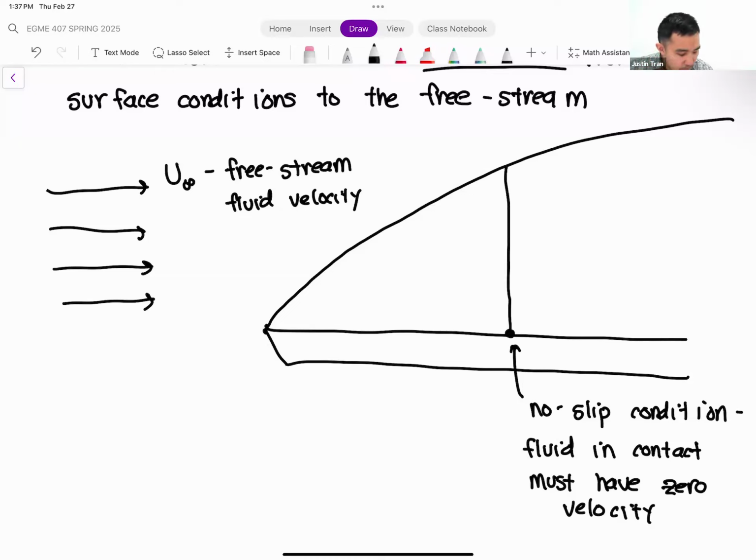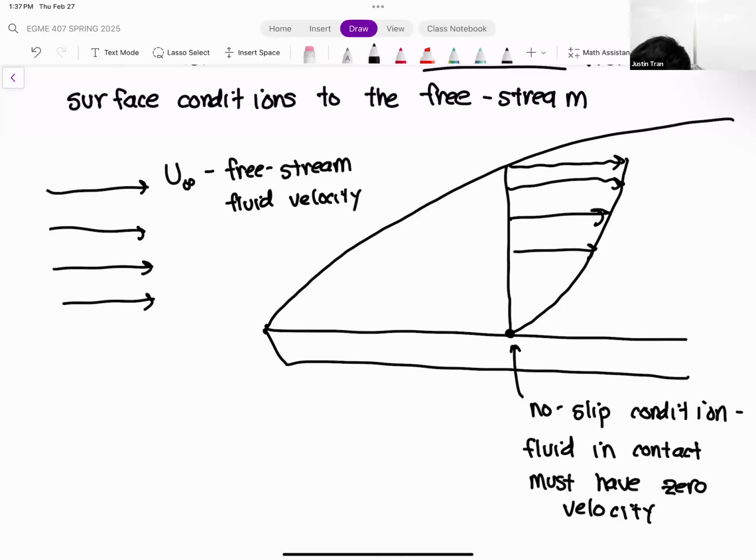What's typically done is that we draw the velocity profile, or the velocity distribution, within the boundary layer. It usually looks something like this. What this curve represents is a smooth transition from the no slip boundary condition to the free stream condition.